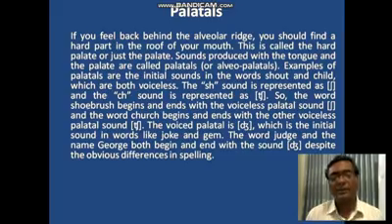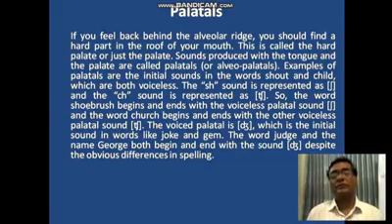Now the voiced palatal is j, which is the initial sound in words like joke and gem. Don't say there is a difference between j and z. You will pronounce zoo, and you will pronounce joke.